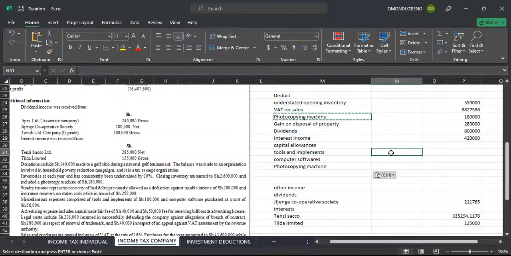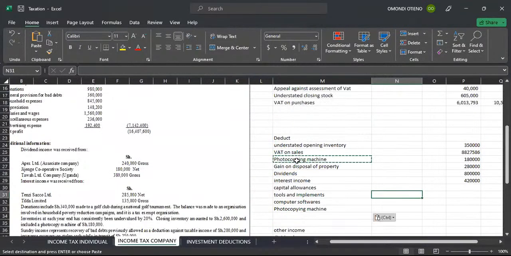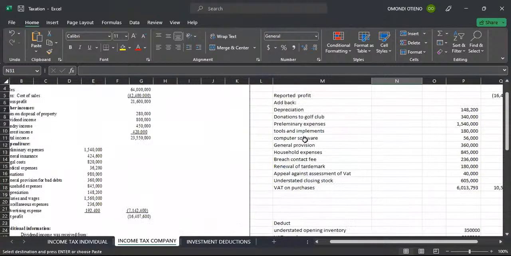Okay, remember, even if you are to say what to add and what to subtract, look at this photocopying machine. We are deducting it based on how it was treated or how it affected the profit. These other assets, which are also fixed assets, we are adding them back based on how they affected this profit.